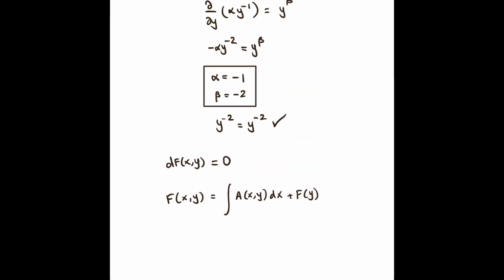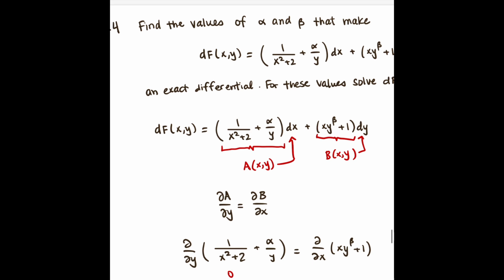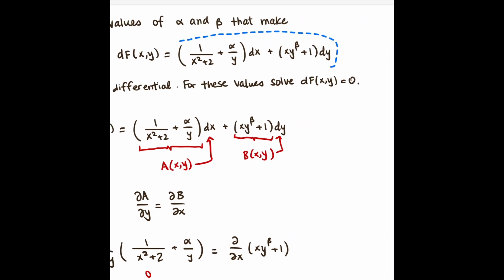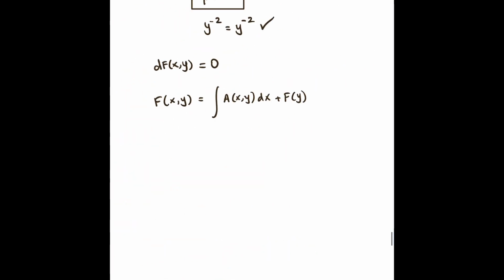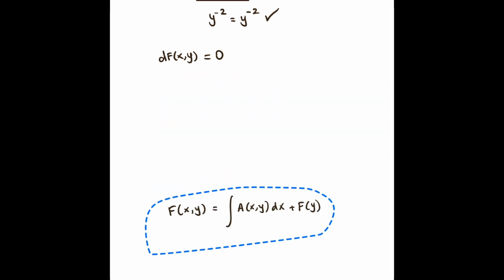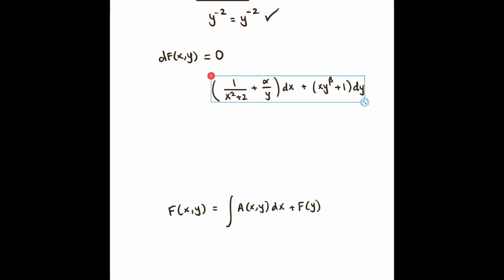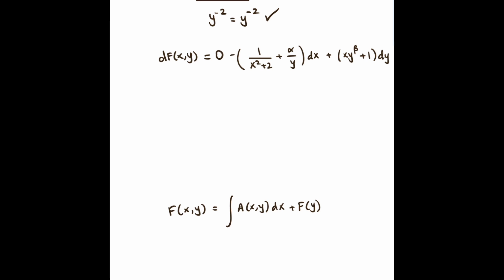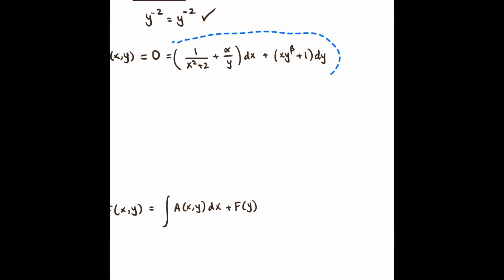Now we'll just plug in our A and B, alpha and beta. Alpha was -1 and beta is -2. Remember, that's A and this is B.